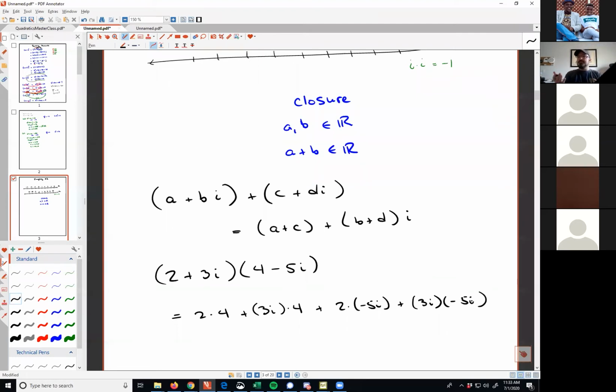Just like when we multiply two binomials, we wind up with 4 pieces when we expand it all out. And now we can compute those pieces.